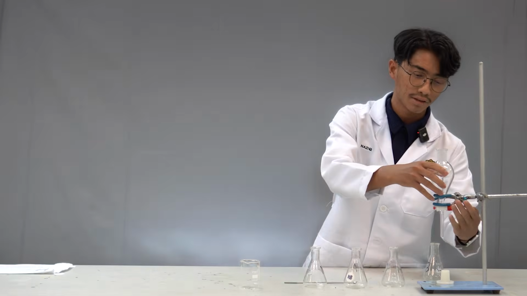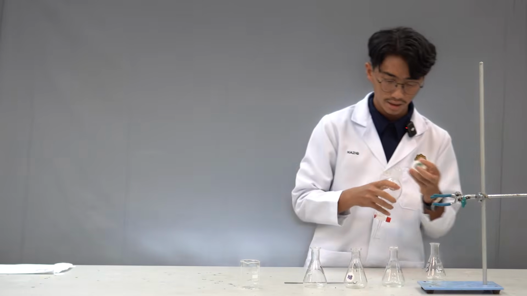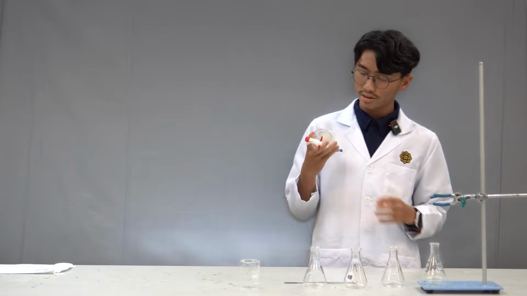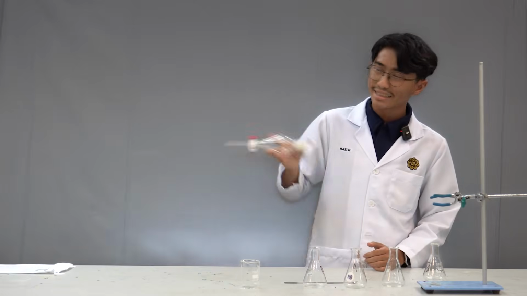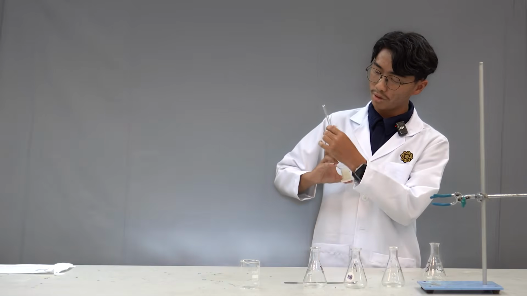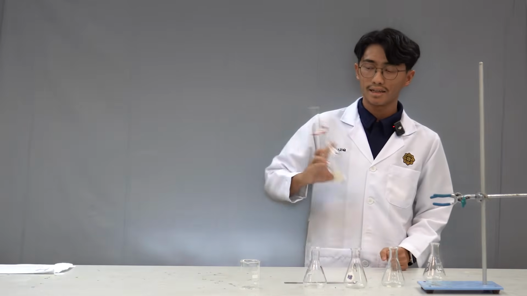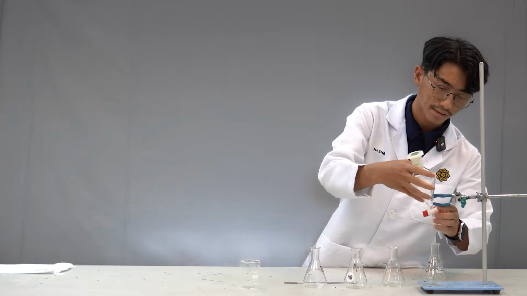After we add the hydrochloric acid, like usual, we shake the separatory funnel. Make sure it's not directed at a person. Shake, and for a while we open, close it back, and shake it again. And then after we're satisfied, we put it back in the stand.